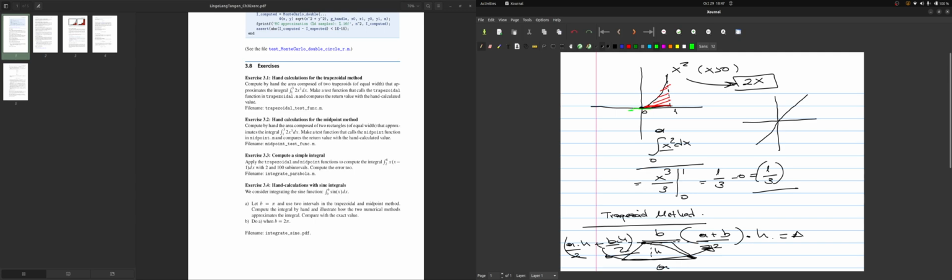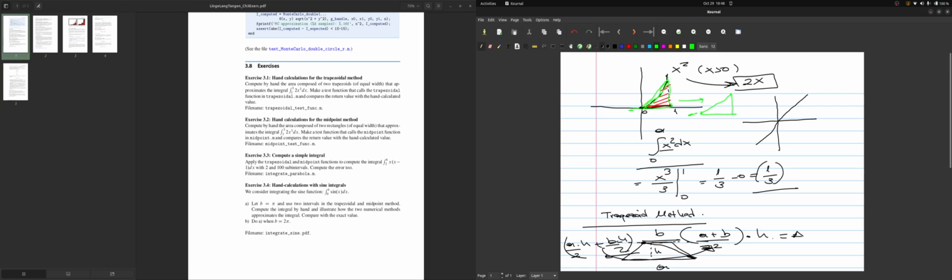So our trapezoid will look like this. As you can see, in this trapezoid, we assume that this is a really small point. We have a trapezoid like this.